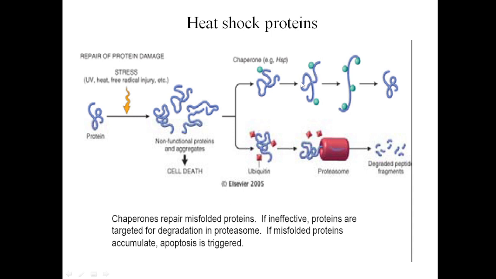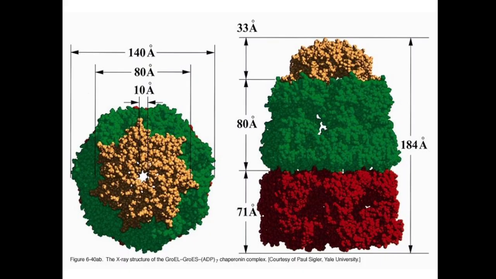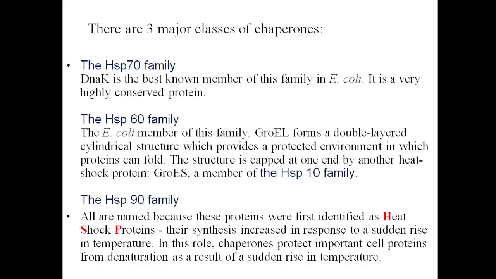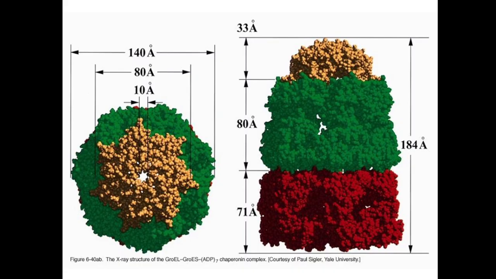And for correct folding, special proteins called chaperones are necessary. Another name is heat shock proteins. For example, you can see one of the chaperones. It's a protein cylinder which will be associated with the newborn polypeptide chain and provide its correct folding.